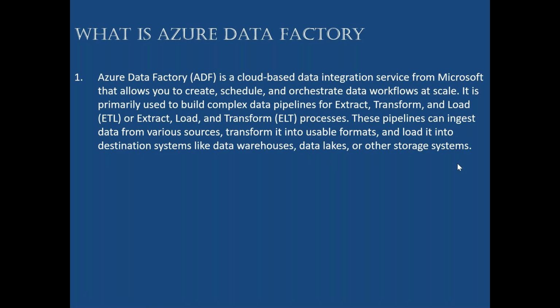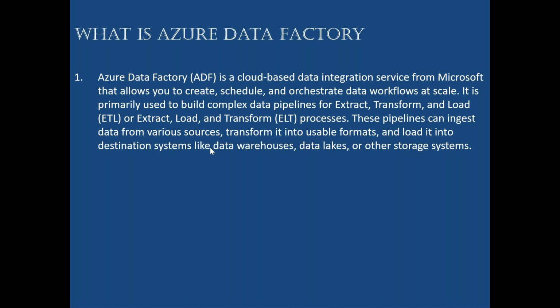So what happens in the cloud is it can be ETL or ELT, meaning first you extract data and load it, and after loading, you can do the transformations. Anything can happen. First you can extract data, read data, transform it, and load the final data, or first you read data and load it into the cloud. After loading data into the cloud, you can do the data transformation within the cloud.